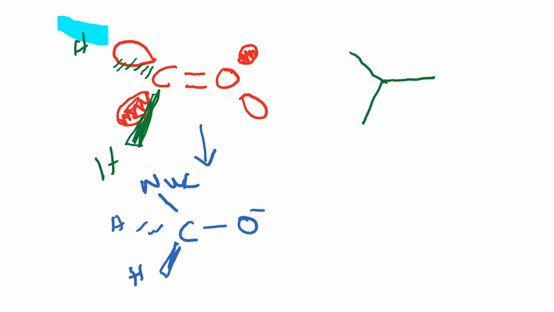Just to repeat, in order to form a bond here, we need to add electrons to an antibonding orbital, the pi star orbital. Once the pi star is filled, that results in breaking of the pi bond, and the electrons are moved towards the oxygen. This is how we try and understand how nucleophilic addition happens on a carbonyl compound.